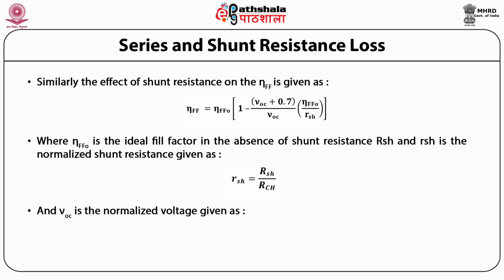And as you can see, here small voc is the normalized voltage, which is different from capital VOC, and it is given by capital VOC divided by nkT by q.